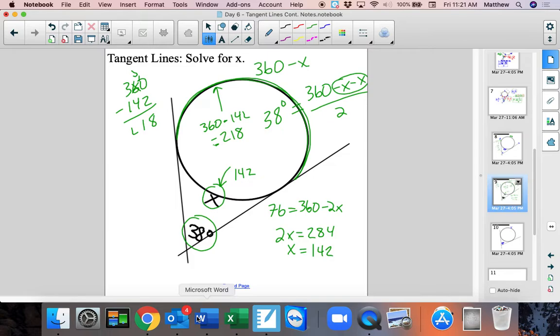Then we can say 218 minus 142 is going to be 76, and then 76 divided by 2 gives us 38. Okay, so I'm doing the math right alongside you guys.